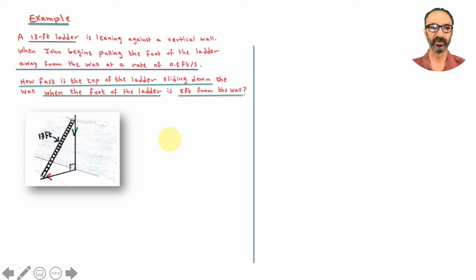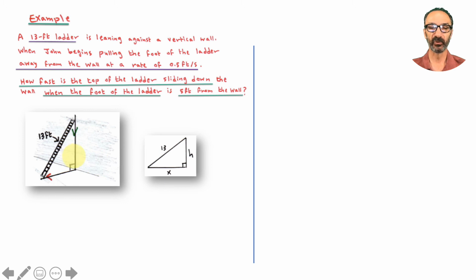Here's the wall. Here's the ladder. It's 13, fixed. As John pulls the bottom of the ladder away from the wall, the top of the ladder is going to go down.